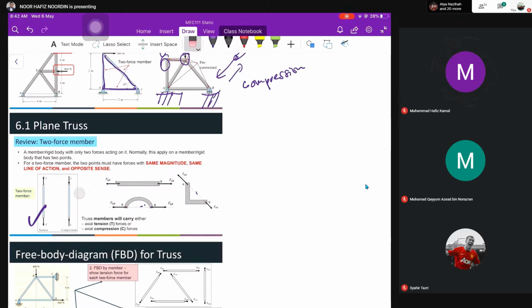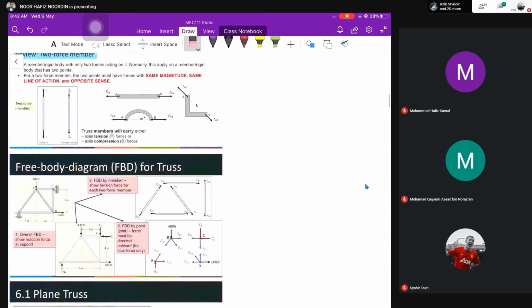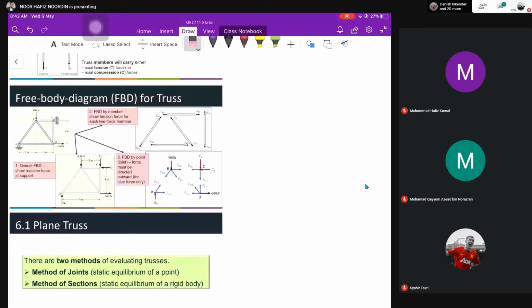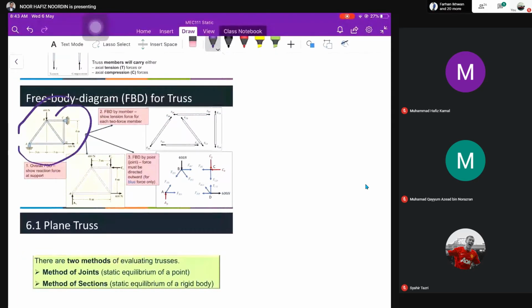Faham sir. Alright. So this is how we want to draw free body diagram for truss. Right? So as you can see here, this is the structure, our truss lah. Okay? And then from this, we want to draw the free body diagram. What we need to do first, we need to identify types of connection at support.